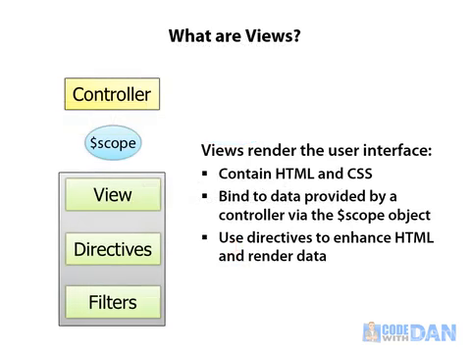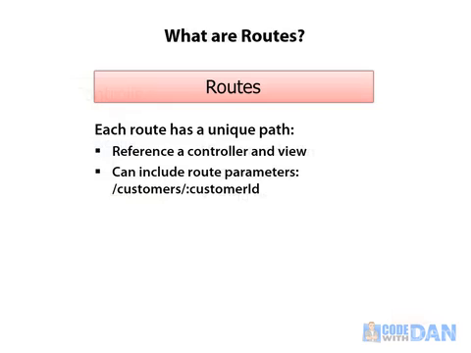And then views, of course, have directives and filters as mentioned. They're going to get data from the scope, or bind to the data in the scope, I should say. That scope gets its data from the controller, which might actually get its data from factories or services. So you can see that there's actually quite a bit to the big picture here, and quite a few different things that are going on.